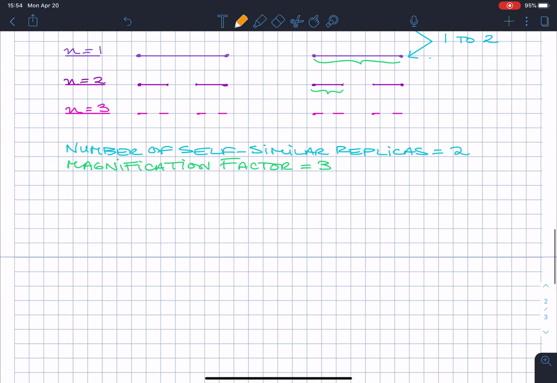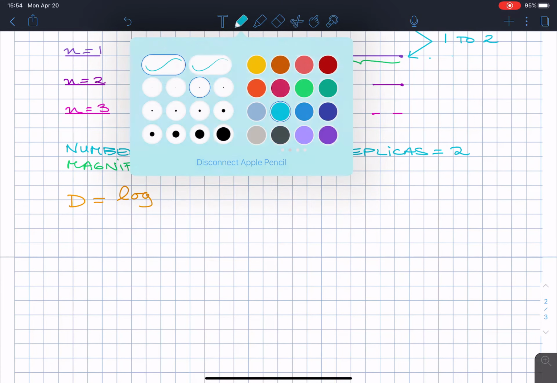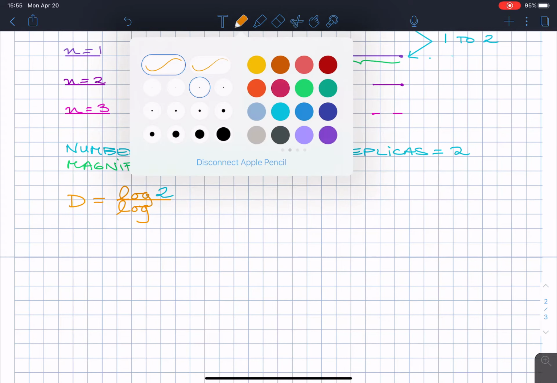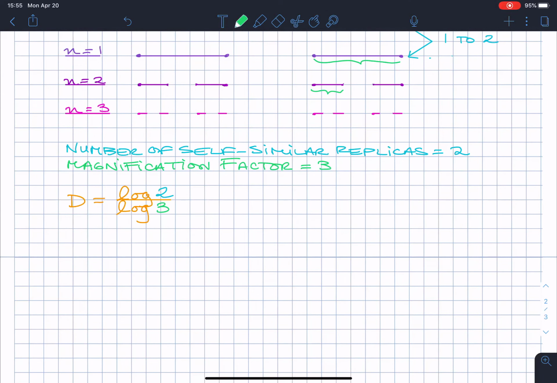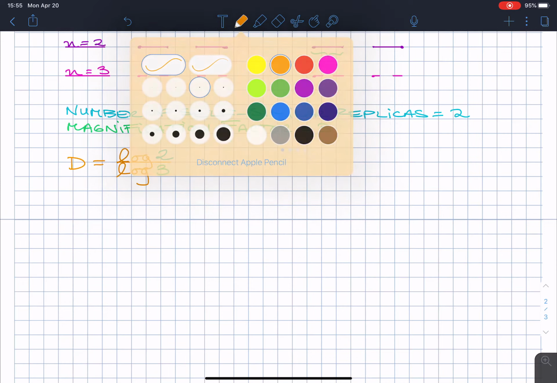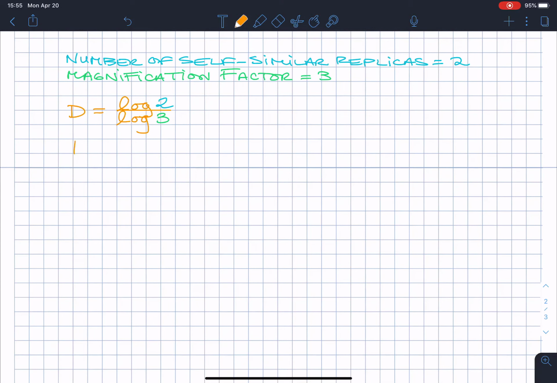Okay, so I claim that dimension D is going to be log of the number of self-similar replicas, which is 2, divided by log of the magnification factor, which is 3. So what you're going to do in your calculator, you should have a LOG button.